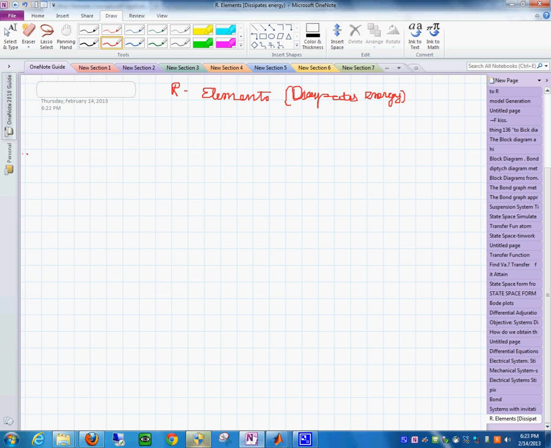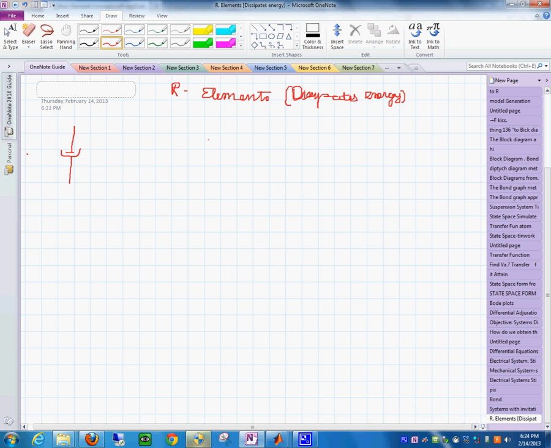So let's put an example of several of these. What about if we have this element like this? It's a mechanical one.